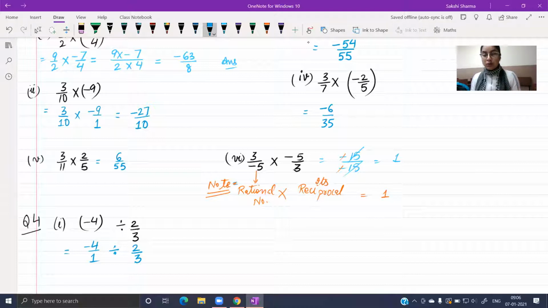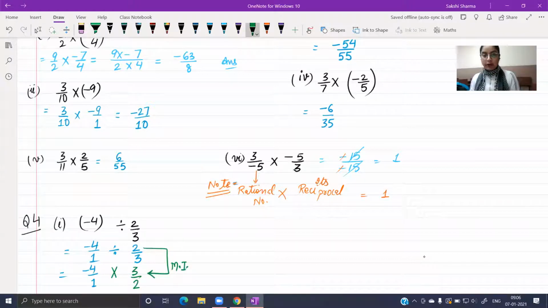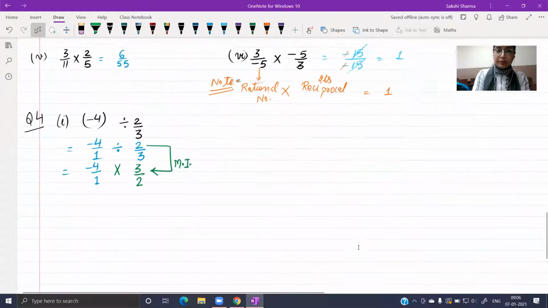Now I will start working with the division. -4 by 1, that is my first rational number, no change. Then the sign of division will change to multiplication, and your second rational number will be reciprocated. 2 by 3 becomes 3 by 2, and now you can give your answer by simplifying.